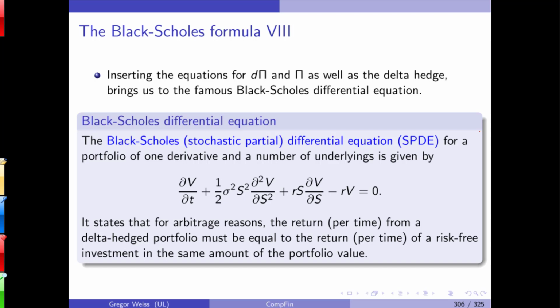Stochastische partielle Differentialgleichung. As you can see, it includes partial derivatives, and in the end, it's set to 0. It states, for arbitrage reasons, the return on a delta-hedged portfolio consisting of one derivative and delta underlyings should pay out the risk-free rate. That's all we have here.